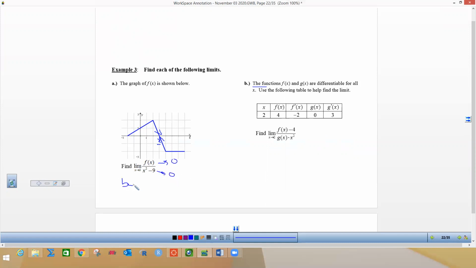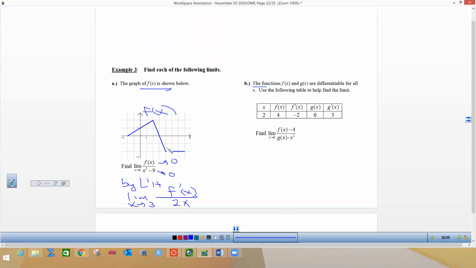So we say by L'Hopital, this will equal the limit as x approaches 3 of f prime of x over 2x. So now we're approaching 3 of f prime. Well, you got to know that this graph is f, this is the f graph, because it says up here. So the f right here, we need the slope of this graph.